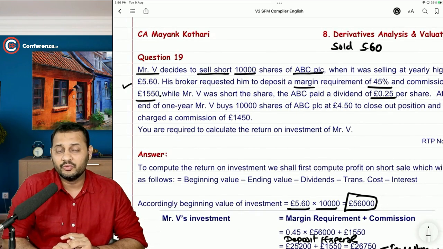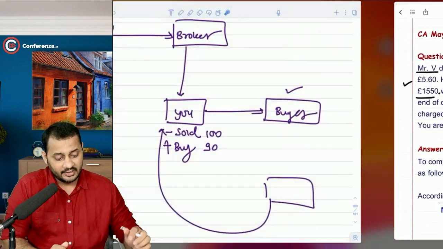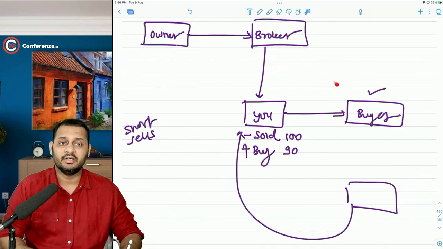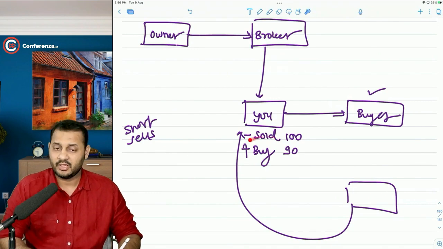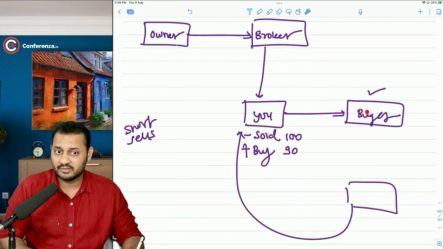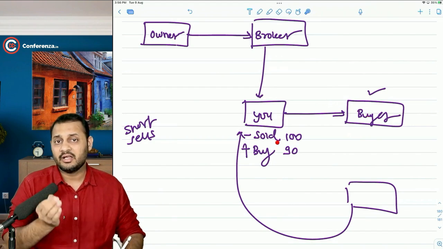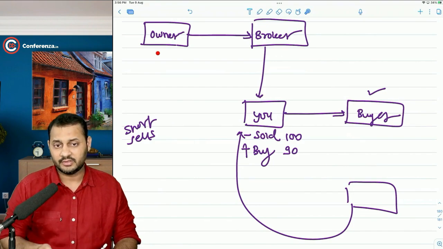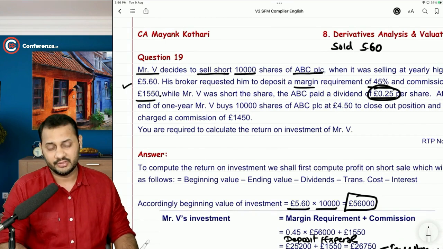Because you were having that open position of short sell, and in that time frame the company ABC paid the dividend to the buyer, that becomes your expense. That is though received by the buyer, the legal buyer, but the same amount becomes your expense, your responsibility to compensate the previous owner as well. So you will be paying the same dividend to the previous owner.